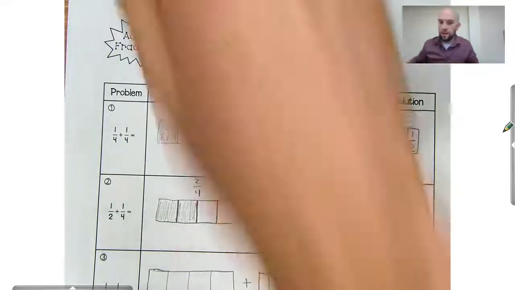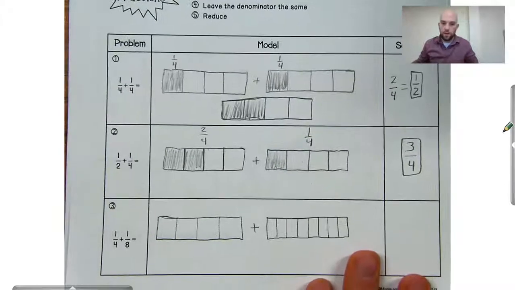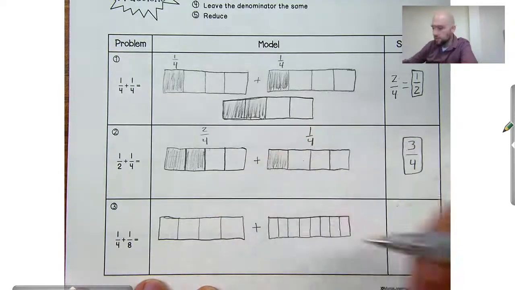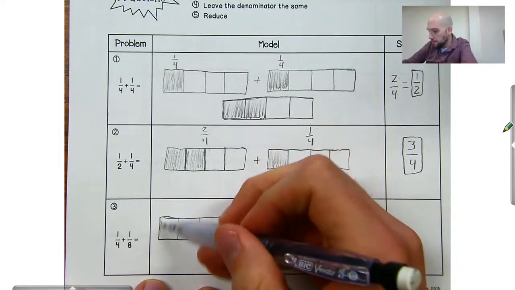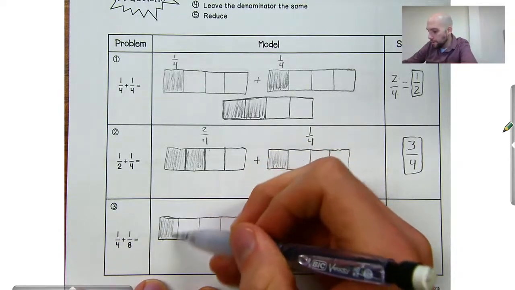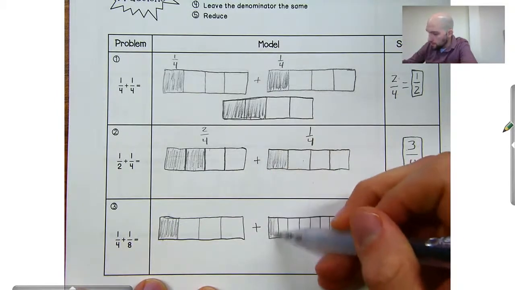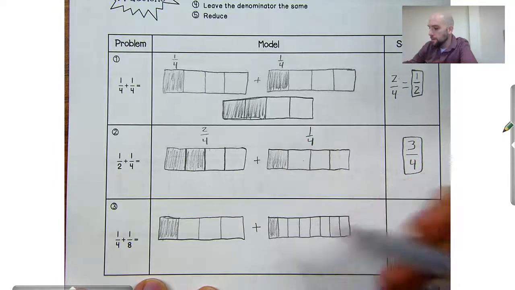I should be able to do that with my next one as well. I have fourths and I have eighths. I see that every fourth is 2/8, so I'll end up splitting my fourths in half. But first, I'm going to shade in my 1/4 and my 1/8. I have 1/4 plus 1/8.